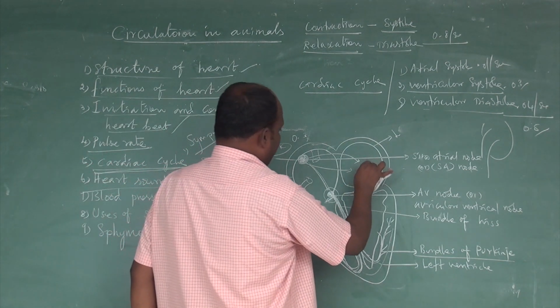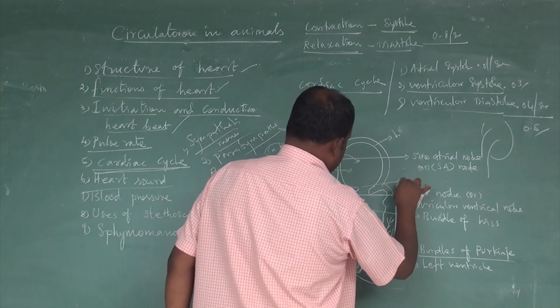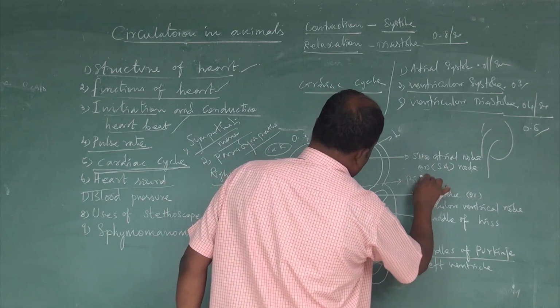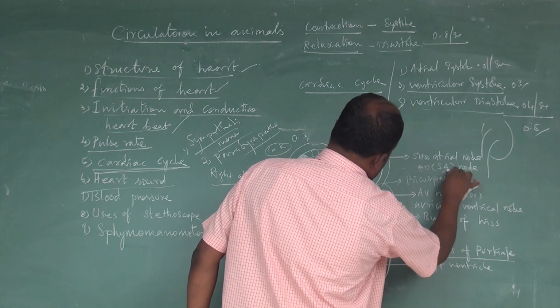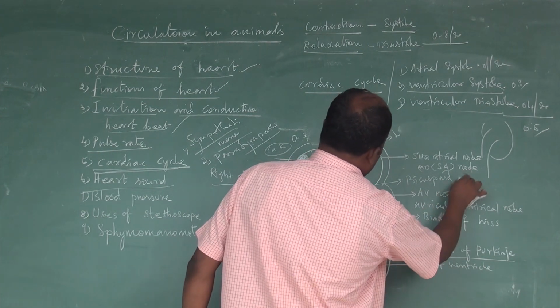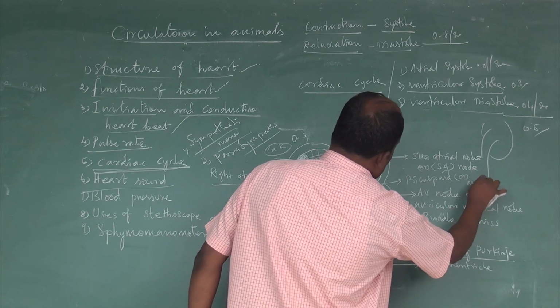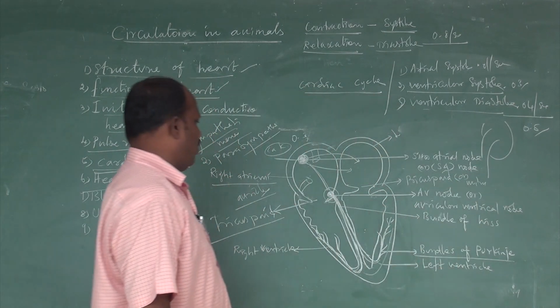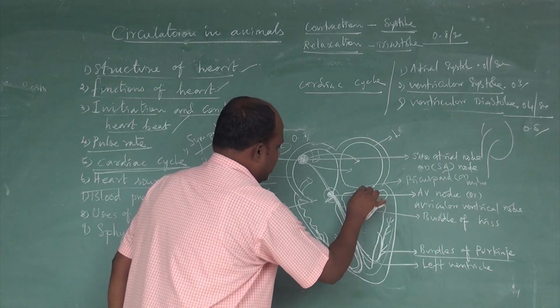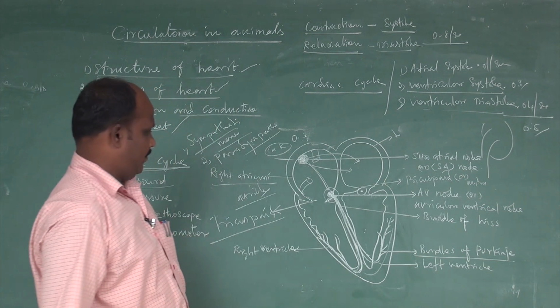Second, between the left atrium and left ventricle is the bicuspid valve, otherwise called the mitral valve. These two are the atrioventricular valves.